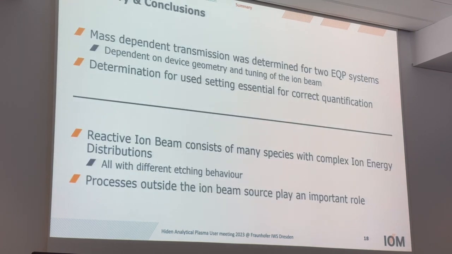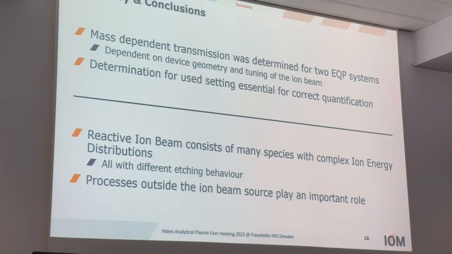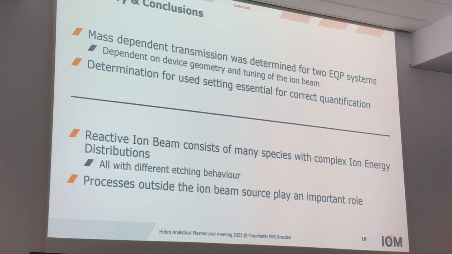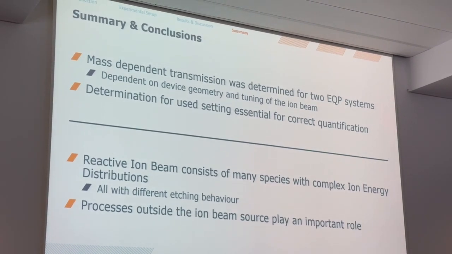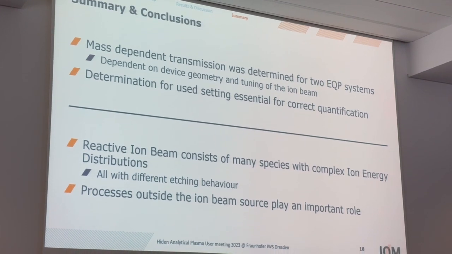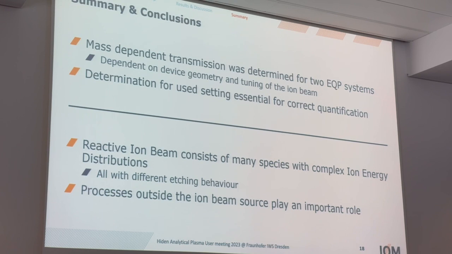So to sum up, we have determined the mass-dependent transmission function for two EQP systems, and what we see is that they are quite different concerning their tuning, and when you want to have a correct quantification of your ion beam composition, you really have to measure that on your own. And when it comes to the composition itself, we see that the reactive ion beam consists of many species.